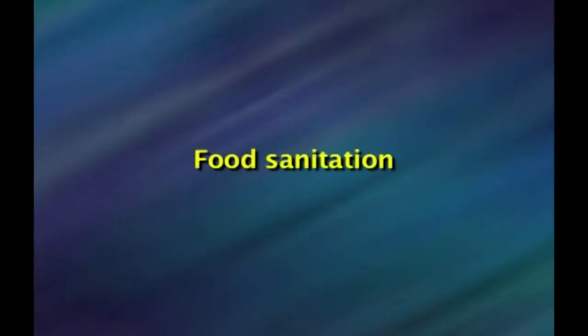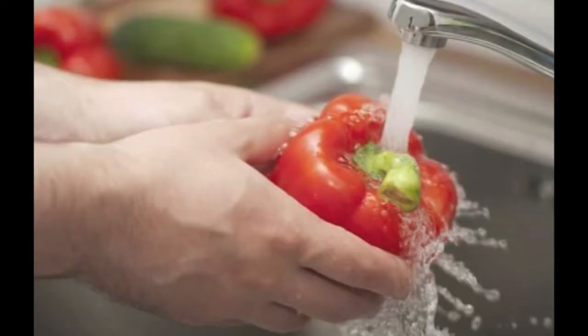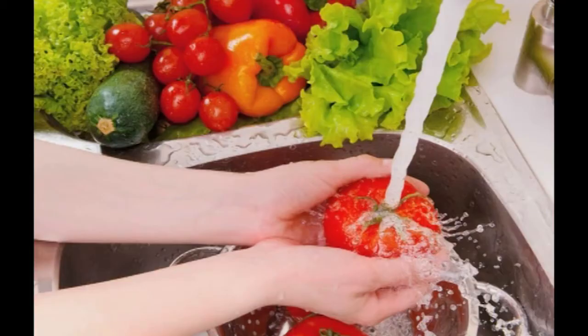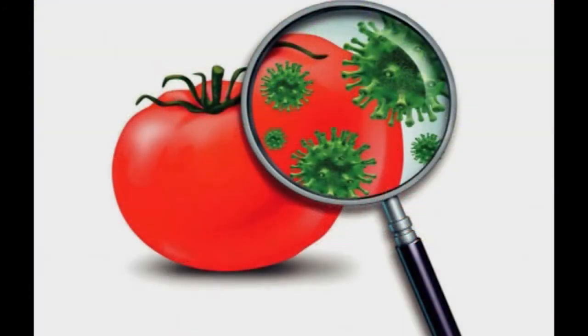The next topic is food sanitation. Food sanitation is the practice of following certain rules and procedures to prevent the contamination of food, keeping it safe to eat. What is the importance of food safety and sanitation? Food safety is essential in protecting individuals from bacteria and parasites that can be passed through food consumption.